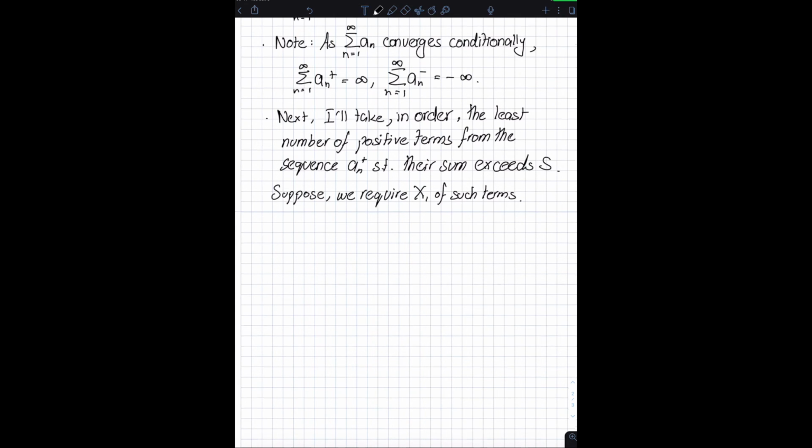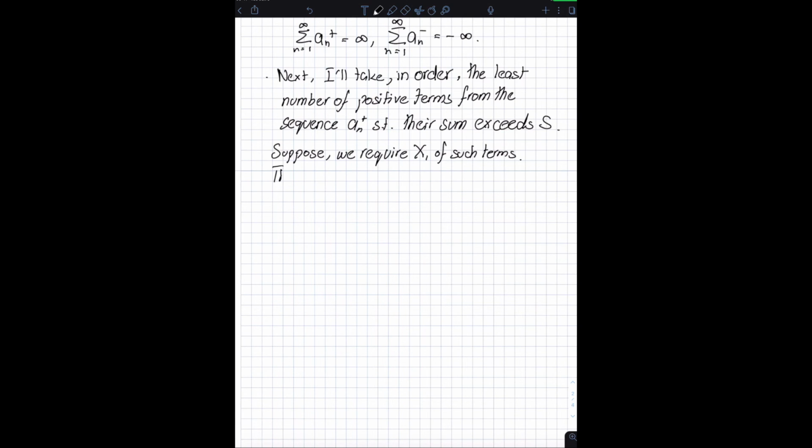Now then what I can say is that the summation from n equals 1 to x1 minus 1 of a of n plus has to be less than or equal to s, because at this point the sum has not exceeded s. What we need the sum to do is to exceed s, and by assumption the sum exceeds s once I have added x1 positive terms, and then this has to be less than the sum from n equals 1 to x1 of a of n plus.